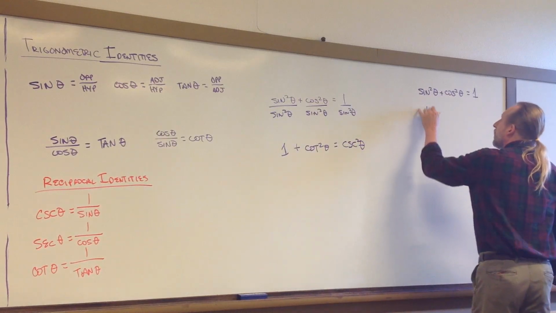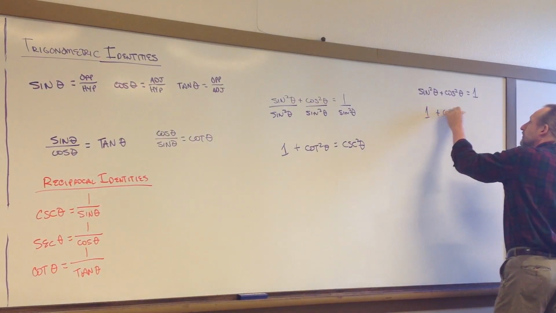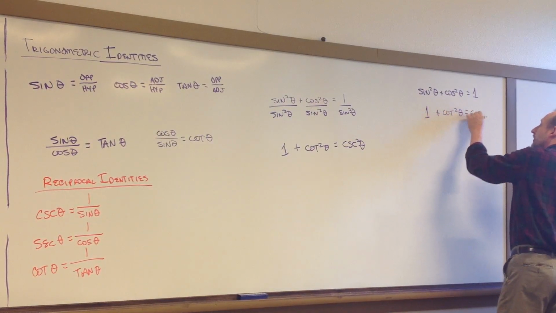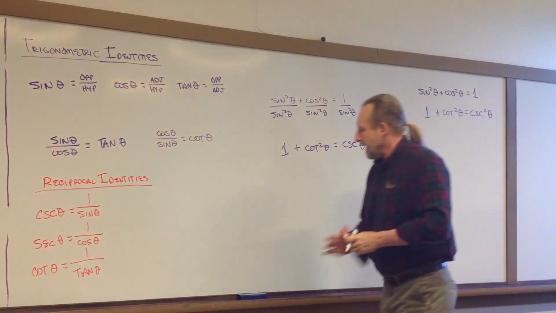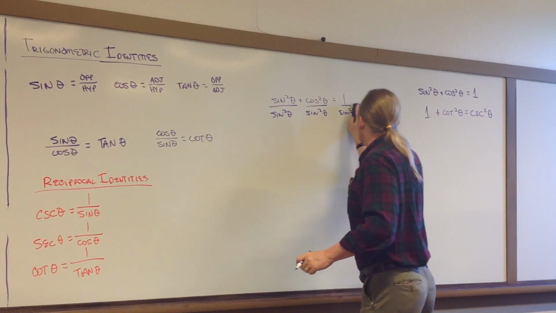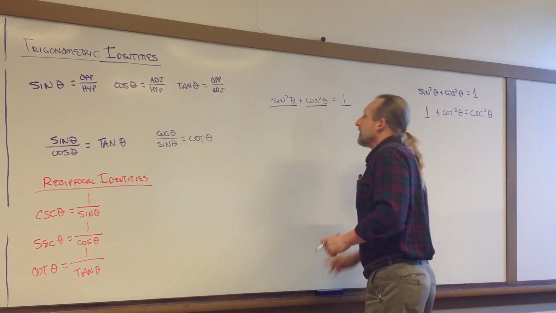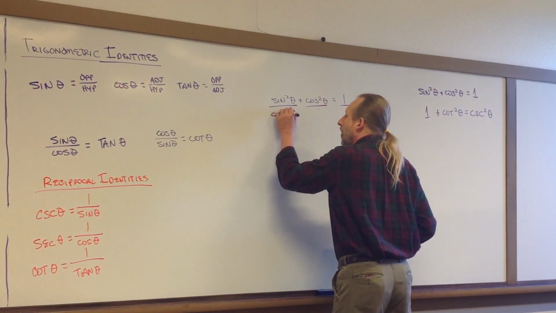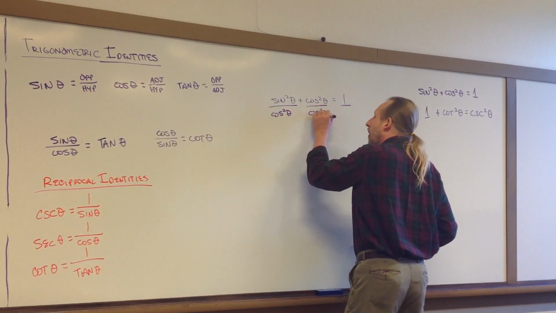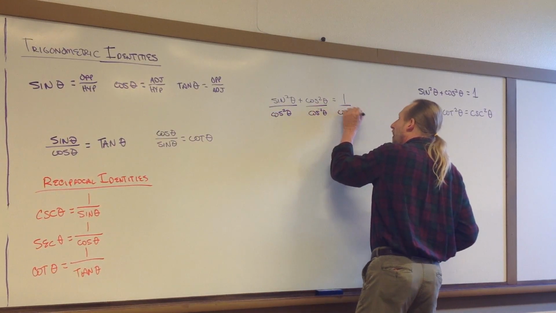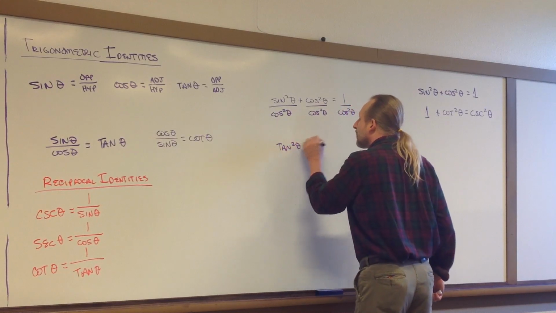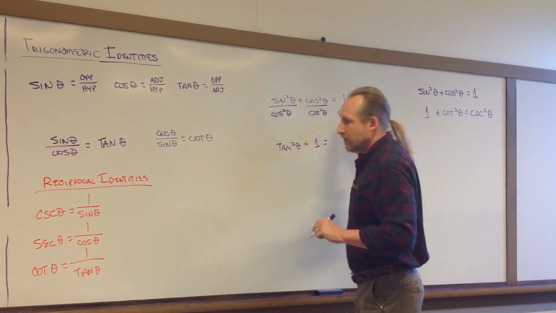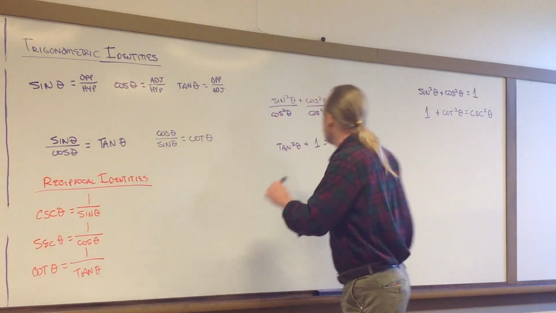Okay, so 1 plus cotangent squared equals cosecant squared. And then, if we back up and divide by cosine squared, then we get tangent squared plus 1 equals 1 over cosine squared, secant squared.